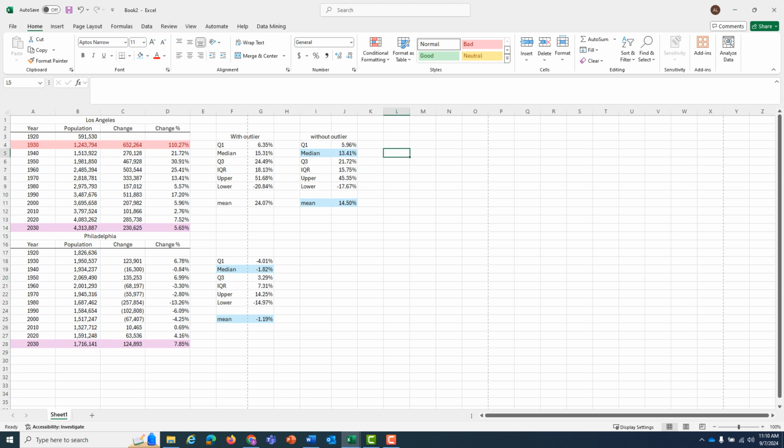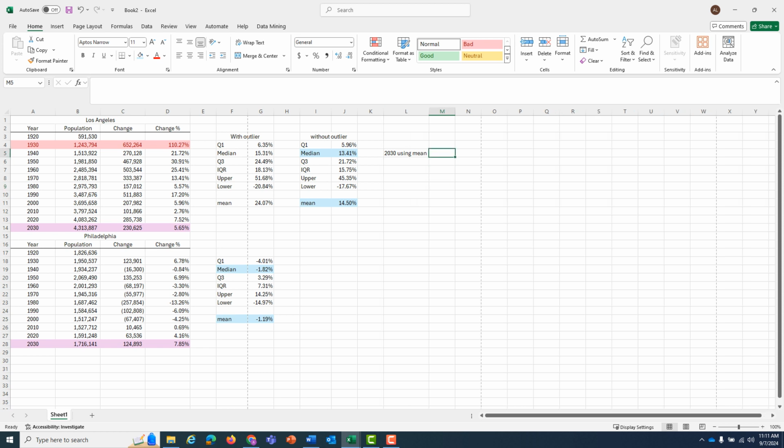So over here, I'm going to say 2030 using mean. Why not? 2030 using the mean average. What should our number be according to the rate of change that we've had over here? Well, in 2020, we know that the population of Los Angeles was 4,083,262, or at least that's the number I'm working with from when I paused the video. If the mean rate of change for Los Angeles is 14.5%, that means that the population in 2030 should be 114.5% of what it was in 2020.